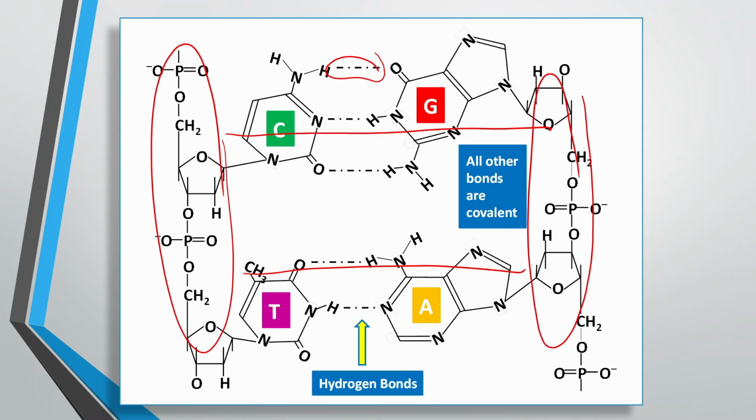Conversely, the hydrogen bonds are weaker than the covalent bonds, and they're not required to maintain the integrity of the DNA molecule. Therefore, they can be broken and the two halves of the ladder separated without destroying the DNA molecule. Breaking the hydrogen bonds between the bases in the middle only separates the DNA molecule into its two strands. You still have two intact single strands of DNA.